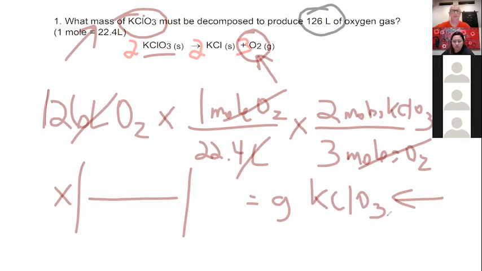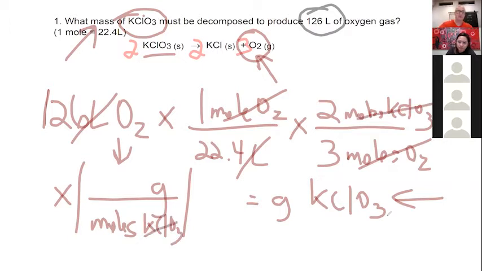So which do I put on top, the molar mass or moles? Moles or grams go on top? Grams. Grams go on top. Yep. So grams of KClO3 over moles. So here we would put the molar mass. So that gets rid of moles of KClO3, and we are finally left with grams.